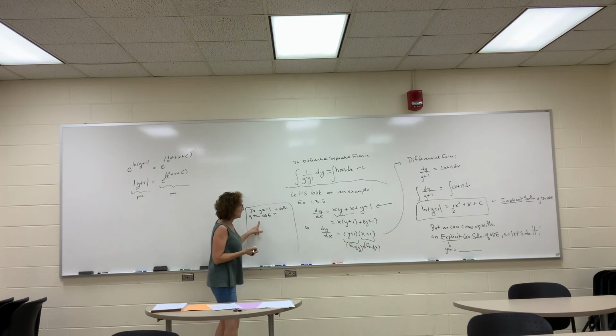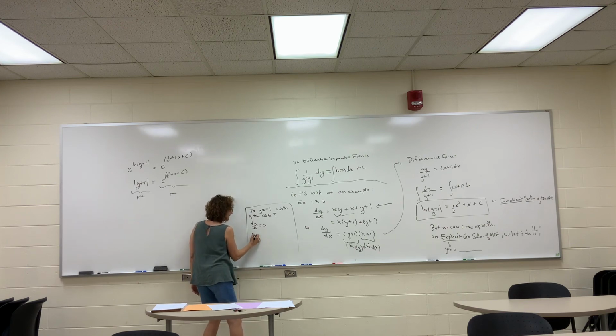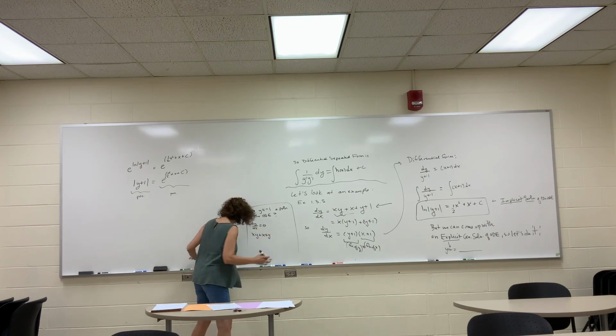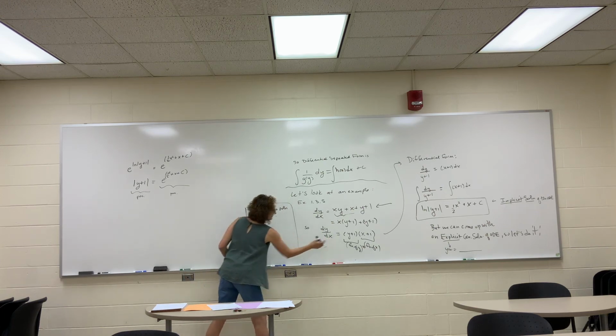Well, let's think about y equals -1. If y is -1, what is dy dx? Well, 0. And what is x times y plus x plus y plus 1? Let's go to our nice factored form.